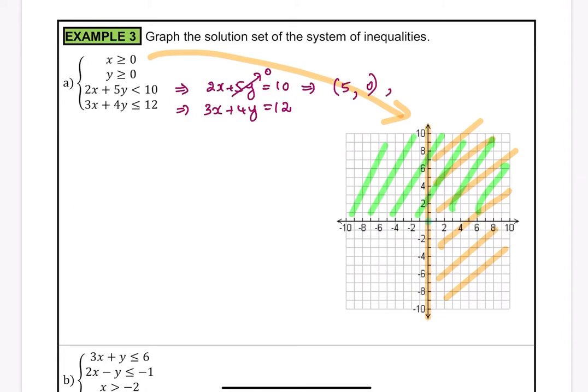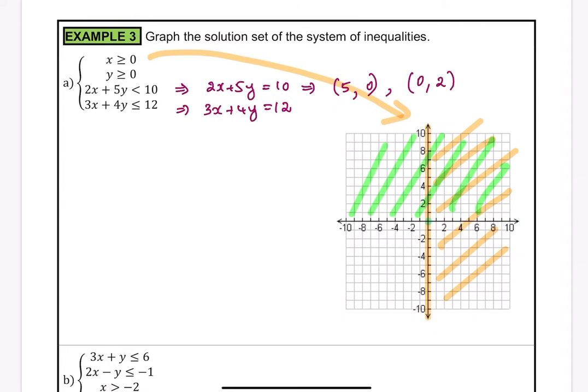Another point is when I plug in x equal to 0. When I plug in x equal to 0, that means 5y is equal to 10, so y is equal to 2. So I have another point, which would be 0 comma 2.